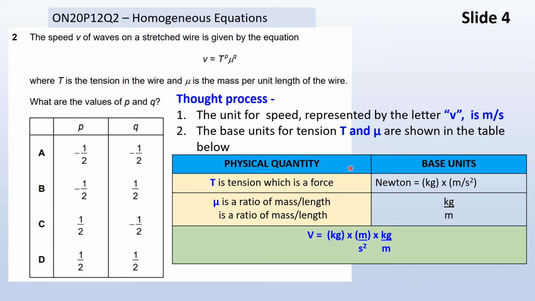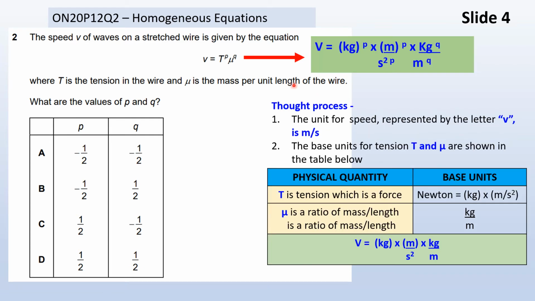So now we combine the tension and mu and evaluate the exponents P and Q to simplify everything. We have kilograms times meters per second squared in fraction format, times kilograms over meter. This is T and this is mu. Great. So this is what we got as the base units for speed in this formula.